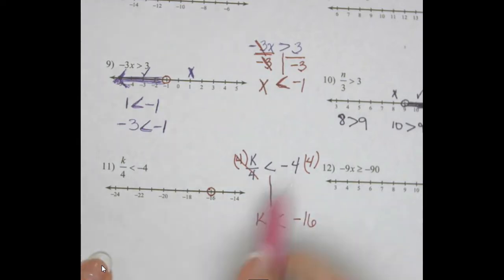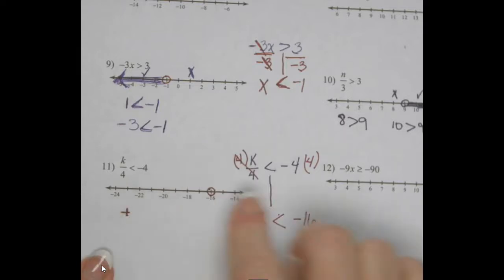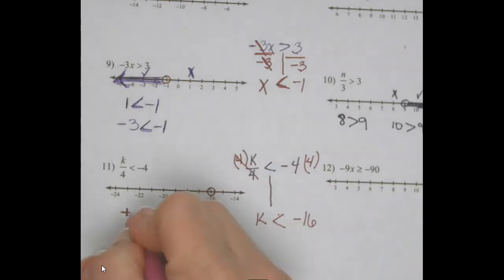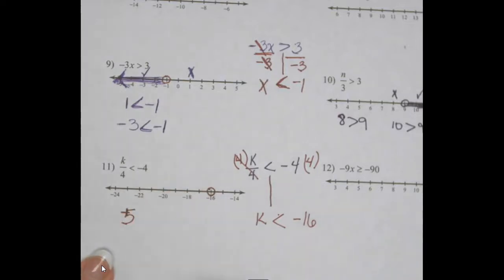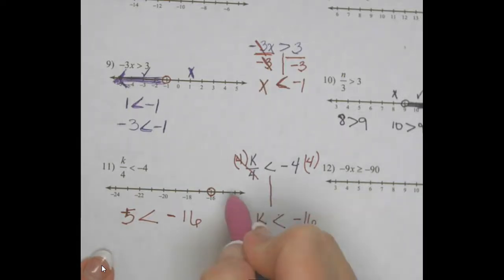So remember, this side is going to start being positives. This side is all negatives. Give me a number that's going to be on this side that's positive. How about 5? 5 is less than negative 16. Is that true? I know that's not true.